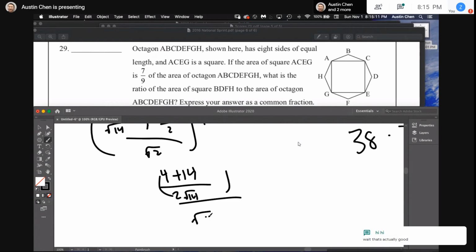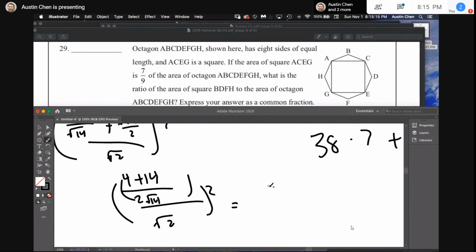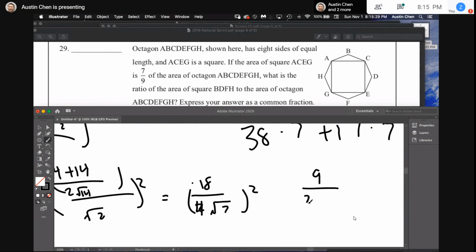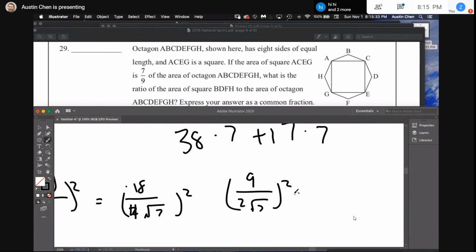This should lead to our answer if I didn't do any arithmetic wrong. So then we'll have 18 over 2, or it'll be 4 now. It'll be 4 root 7 squared. So this will be 9 over 2 times root 7 squared. 81 over 28? I don't think that's right, actually.